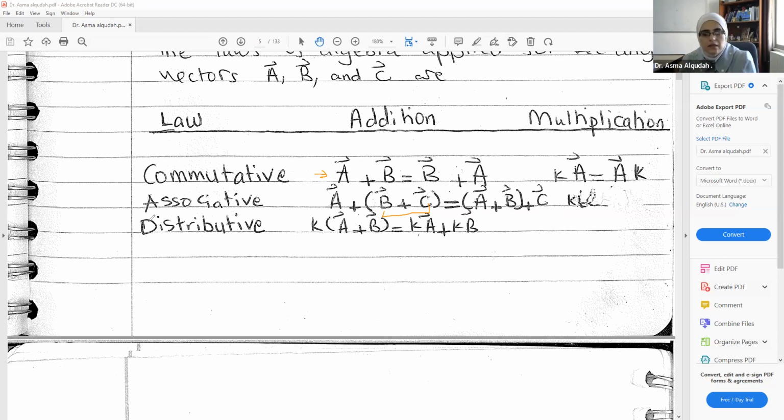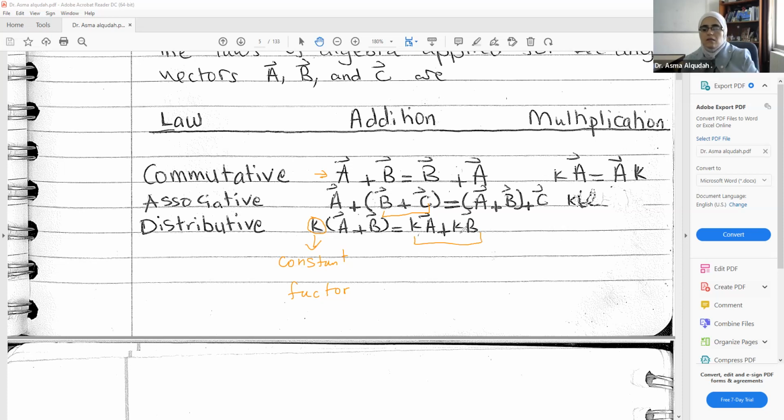The third law of algebra that applies to vector addition is the distributive law. If we have a constant factor K multiplied by the summation of A and B, then we can distribute K to be multiplied by A plus KB.